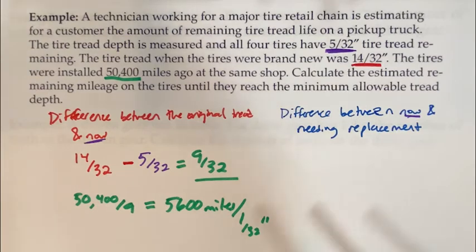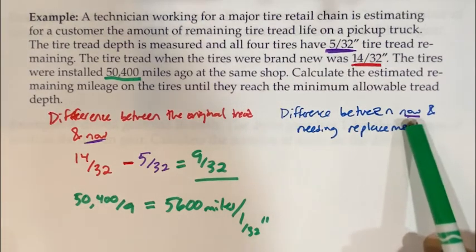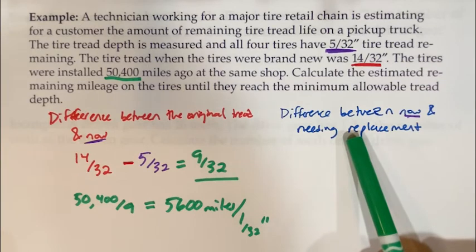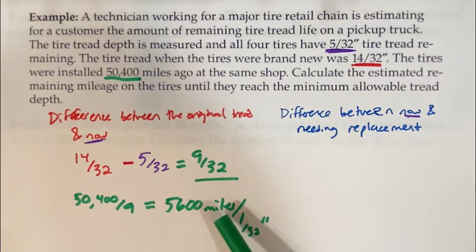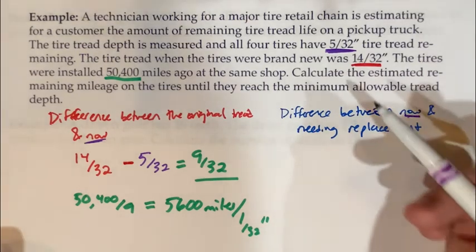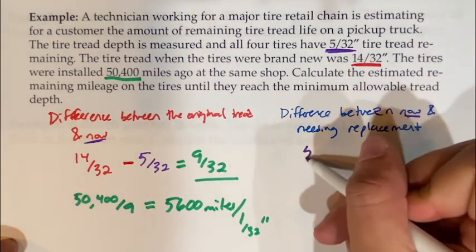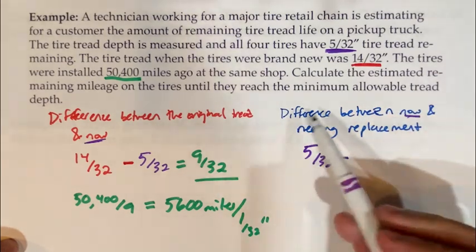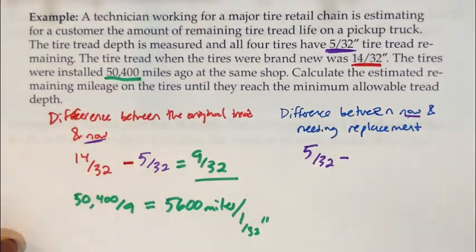So now we're going to calculate the difference between the tire tread depth that we have currently and when it's going to need a replacement, and use that to estimate miles based off of our rate. So we know that our value now is going to be 5/32 of an inch. And then since we're finding a difference, it's going to be a subtraction problem.